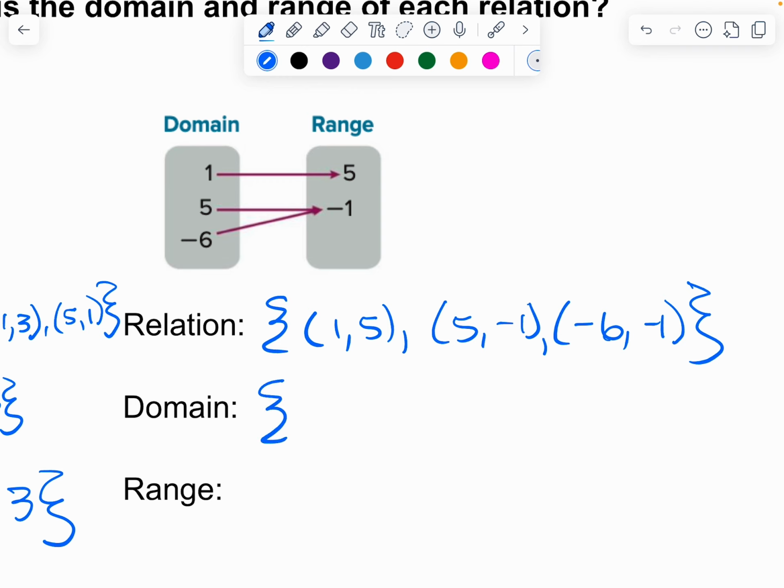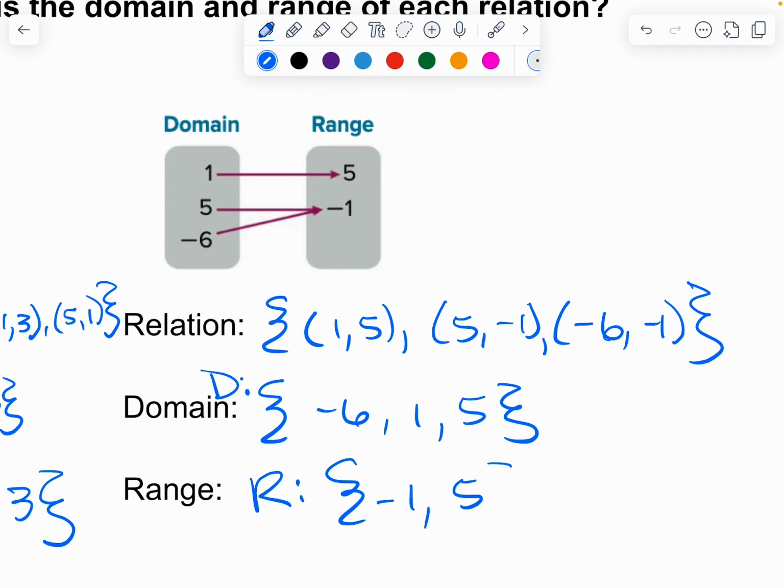My domain on this one, I don't know why I keep forgetting to do this, would be negative 6, 1, 5, because I like it in numerical order. My range on this one would be negative 1 and 5.